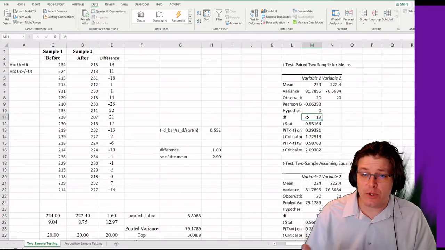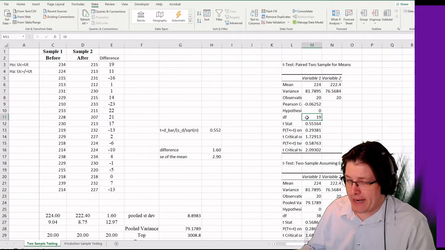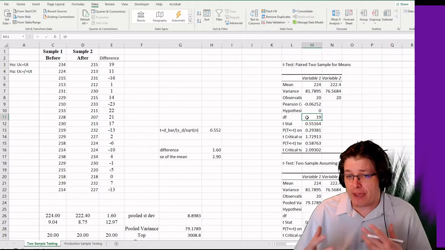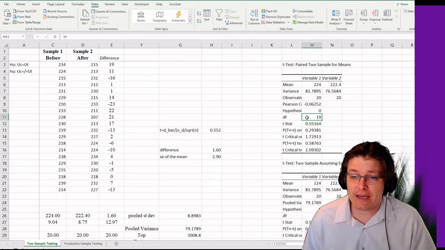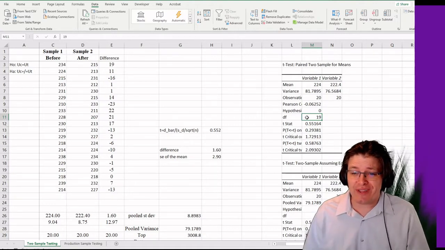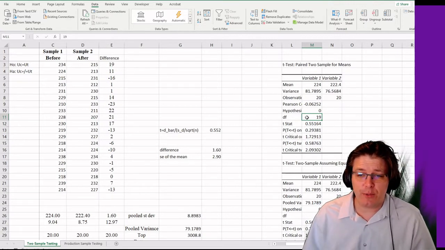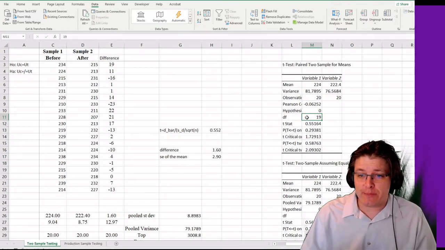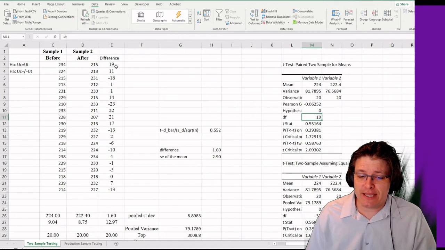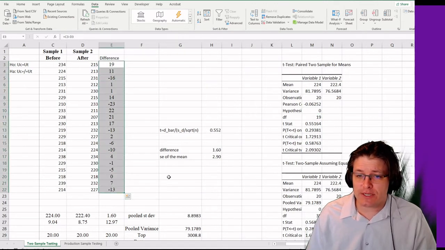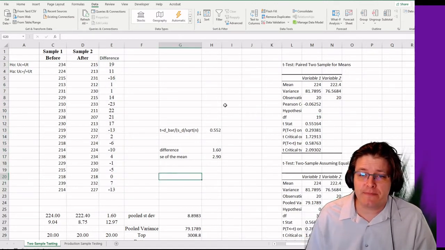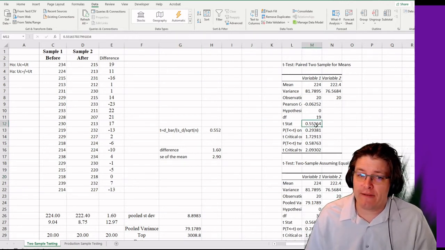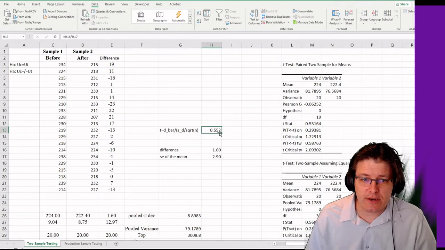Okay, so we do need to recalculate the degrees of freedom, and I didn't mention that, but degrees of freedom for the paired t-test is simply n minus 1, because we only really have a sample size of 20, right? We just have each person showing up twice, but our sample now really is just these differences. So our sample size is 20 differences. And what do we get? We get a t-stat of 0.5516, which rounded here, we get the same thing.